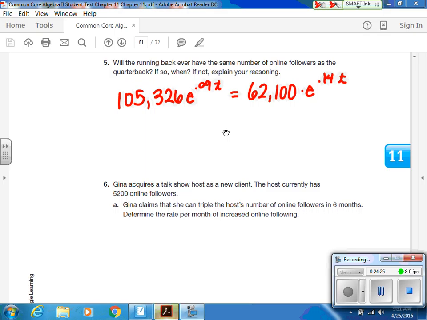Here's what we're going to do. Start off dividing by 62,100. We're going to say 1.696, but don't take that number out of your calculator.